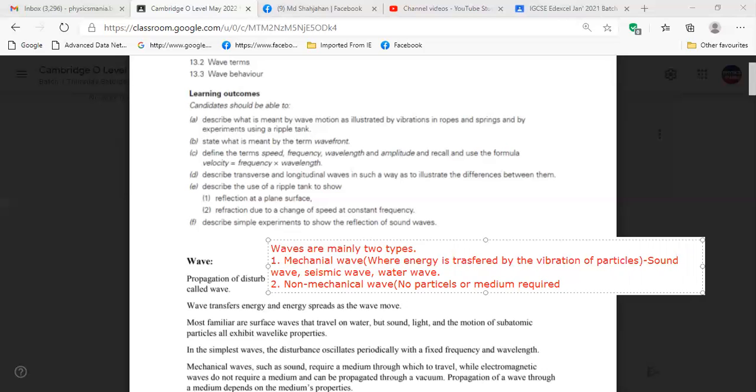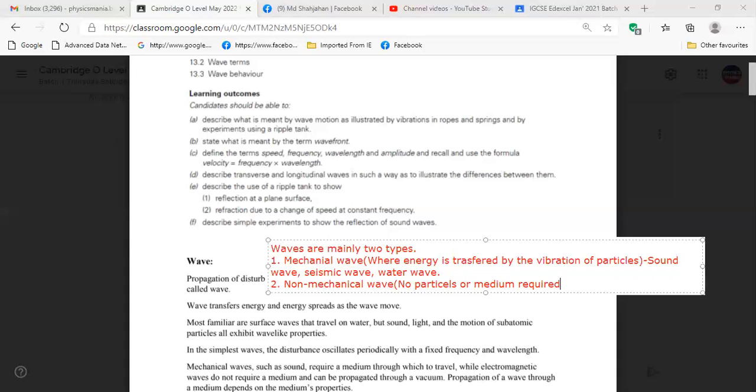So from the sun, the light wave we are getting, in between the sun and the earth there is huge space, right? In space there is no medium available. However, we are getting the waves, right? Light wave we are getting. So this wave is coming without the help of any medium. That's why it is called non-mechanical wave.